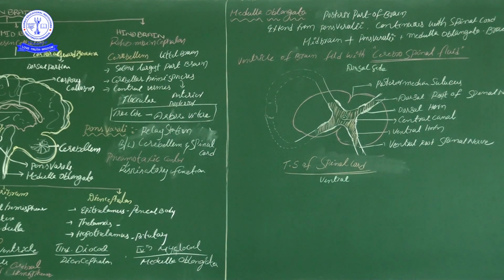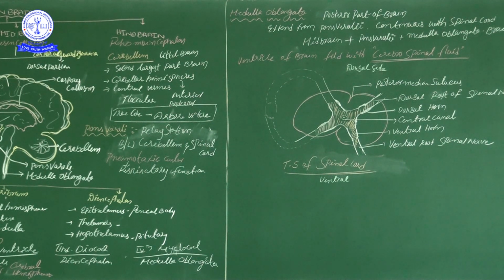It extends from the pons varolii and continues into the spinal cord. The medulla oblongata is located in between the pons varolii and the spinal cord, and it is prolonged in the form of the spinal cord.